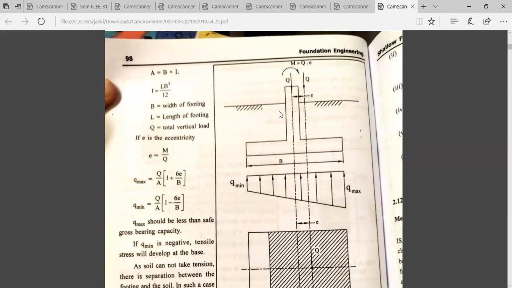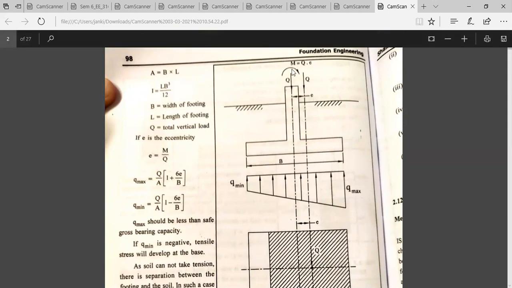You can see this width in the figure, and the total vertical load Q is given here. The moment is equal to Q, the vertical load, multiplied by the eccentricity.